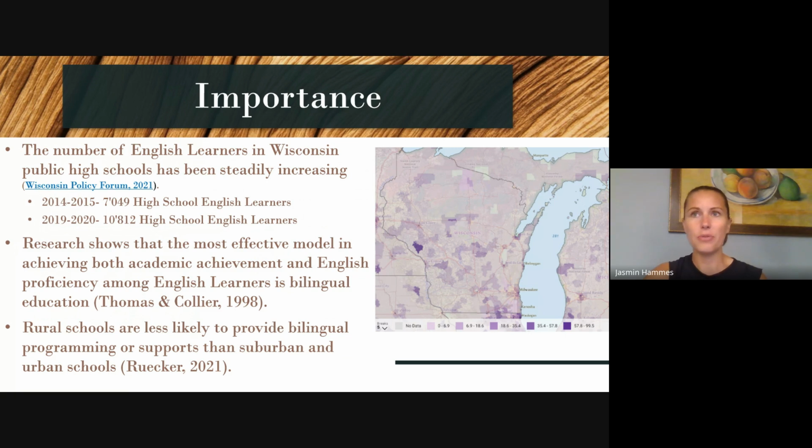For example, if a student is learning the process of photosynthesis, if we only provide English materials, the student is expected to learn what photosynthesis is and learn the English that goes with that photosynthesis language. However, if we provide the content in that student's home language, they're able to use that to help understand the concept, and they can bridge it to learning and developing their English proficiency.